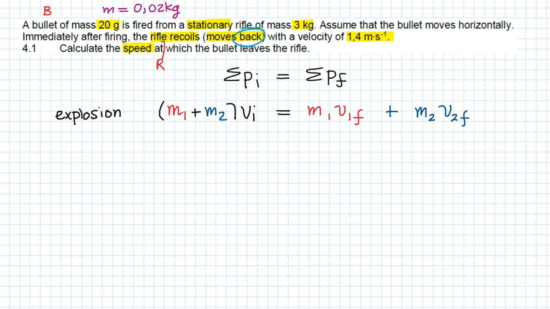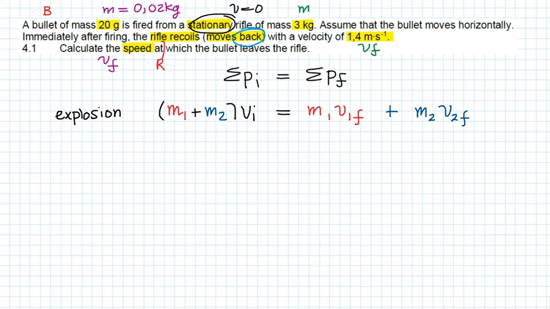The mass of the rifle is given as 3 kilograms. The rifle's final velocity is 1.4. We are looking for the bullet's final velocity, and we see that they both start off at a velocity of 0 meters per second.